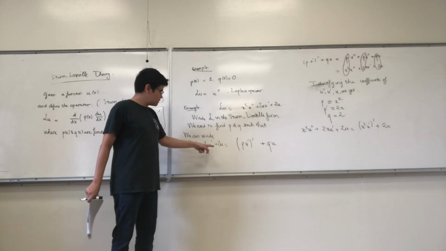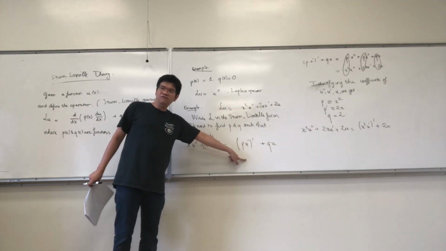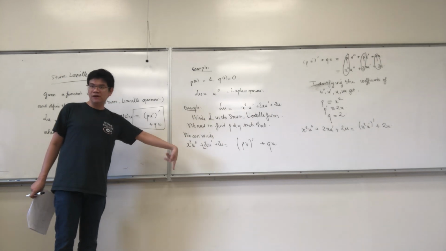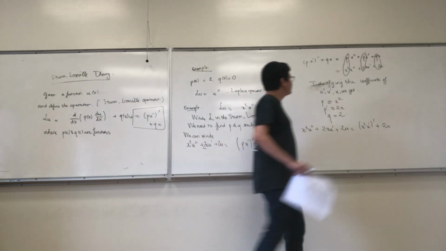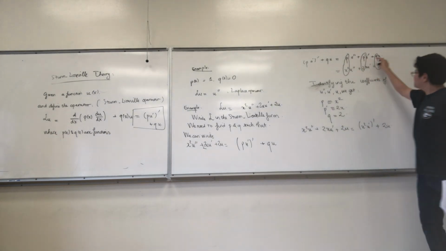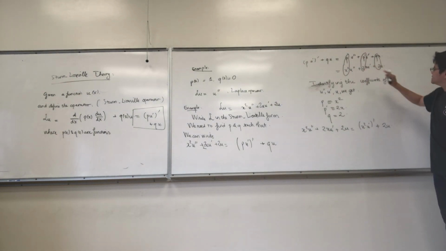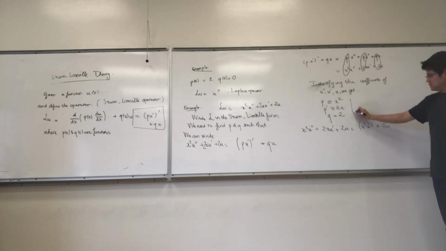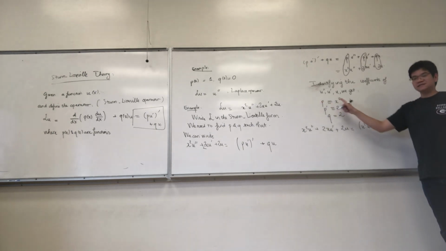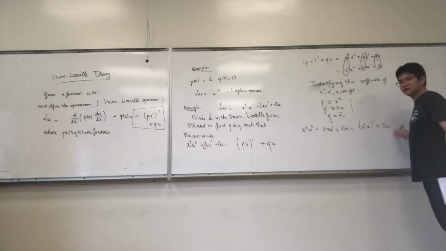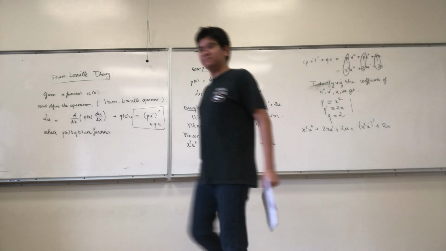What you do is you identify the coefficients P and Q with the coefficients of this equation. You expand this term, you get P' and Q. And then you make them equal to x squared, 2x, and 2. And you find that P is x squared and Q is 2. And so then you can write it under Sturm-Liouville form.